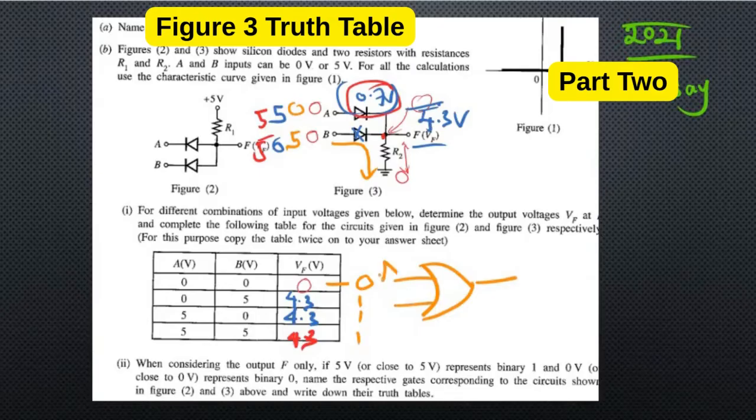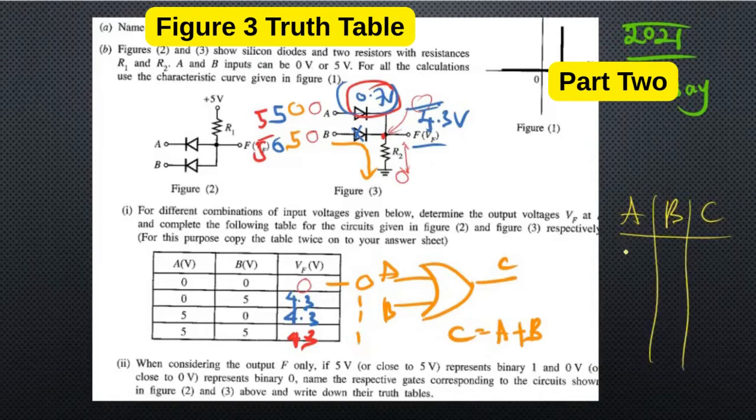If the inputs are A and B and the output is C, C is equal to A plus B. Let's draw the truth table. Here it's A, B, and C is the output. The inputs are 0 0, 0 1, 1 0, 1 1, and the output will be 0 1 1 1. So this is the truth table for the OR gate, students.